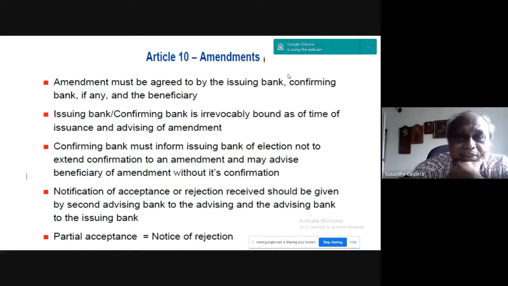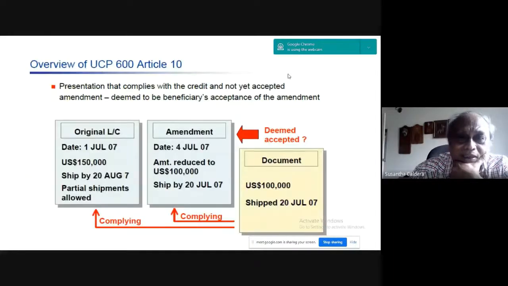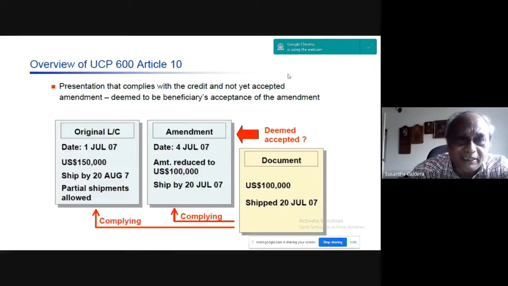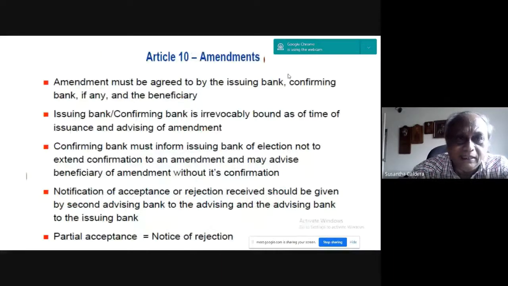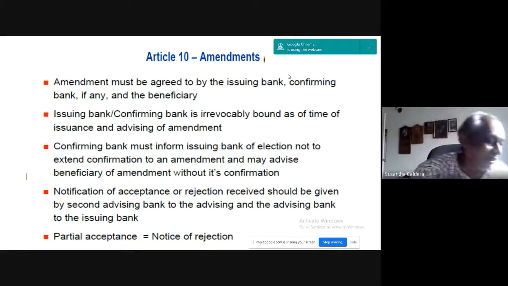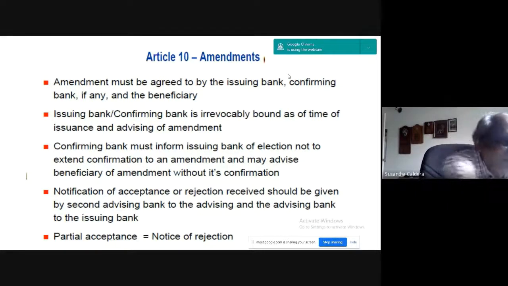Article 10, amendments. Can you write down where I have stopped, then you can remind me.